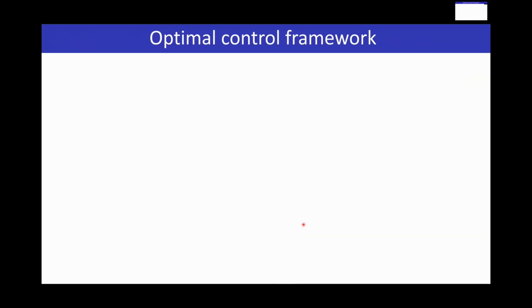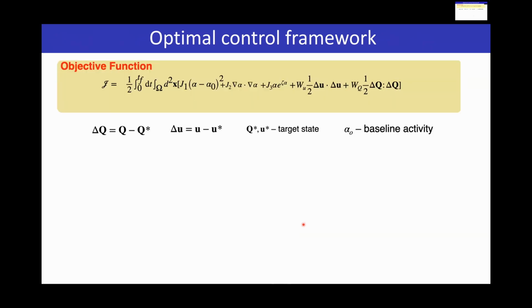I think many of you are probably familiar with this, but if not, the idea is that you're going to write down an objective function that you want to optimize. It's going to include terms that penalize deviations away from your target state. So here the delta U and the delta Q are deviations of the fluid velocity or the director field from the target state.